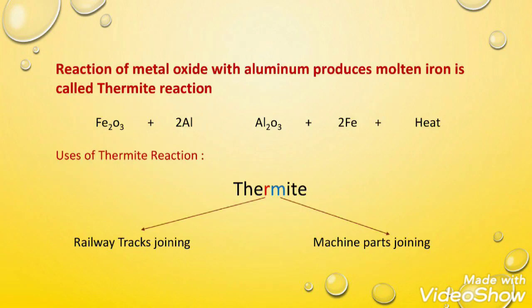So the reaction of metal oxide with aluminium is called the thermite reaction. This is the definition of the thermite reaction. For example, Fe2O3 plus 2Al gives Al2O3 plus 2Fe plus high heat.